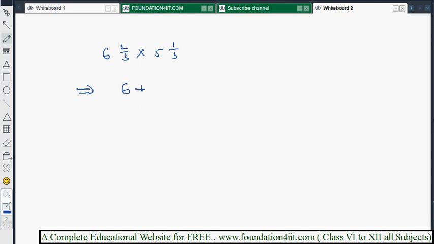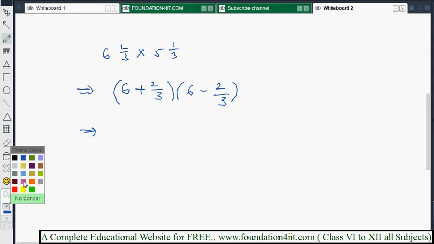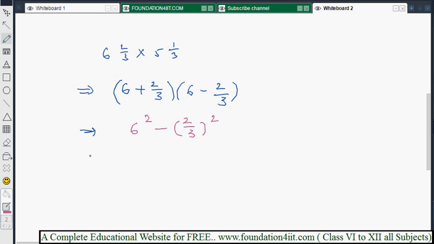Check it now: 6 plus 2/3 is 6 2/3, a mixed fraction, and 6 minus 2/3 is 5 1/3 exactly. Only questions of this type that can be solved will be given. So you can apply the identity, a² − b², that is 6² − (2/3)².